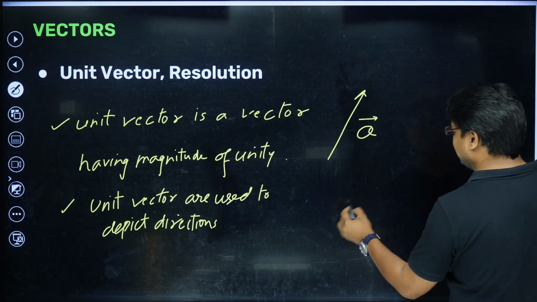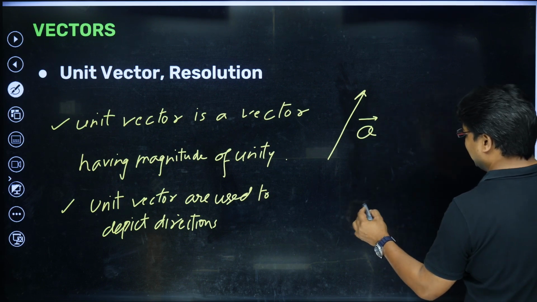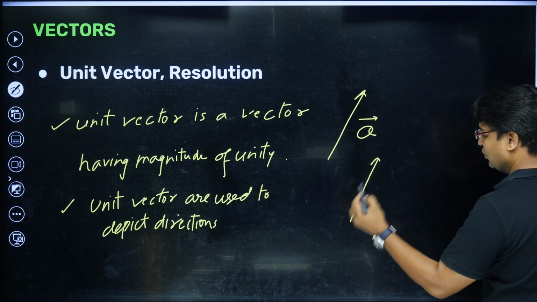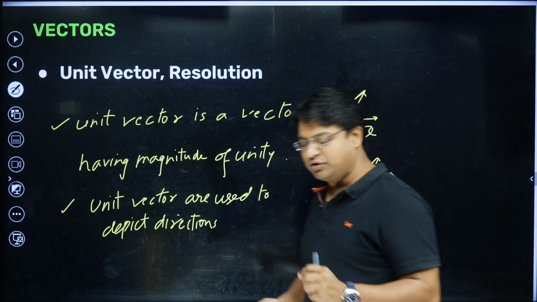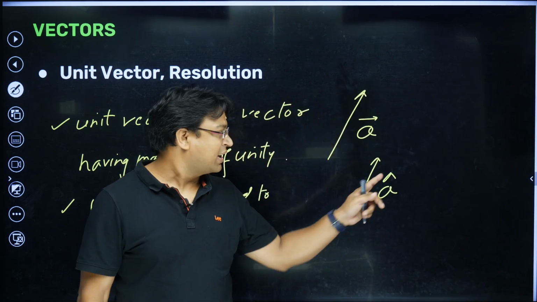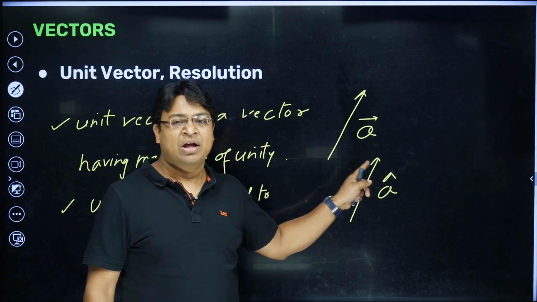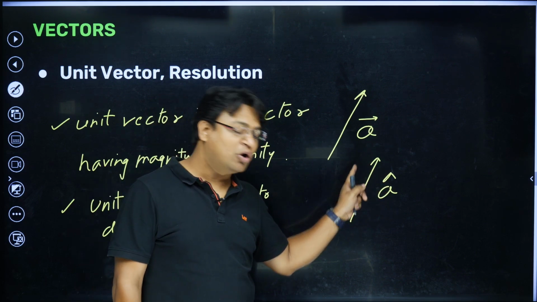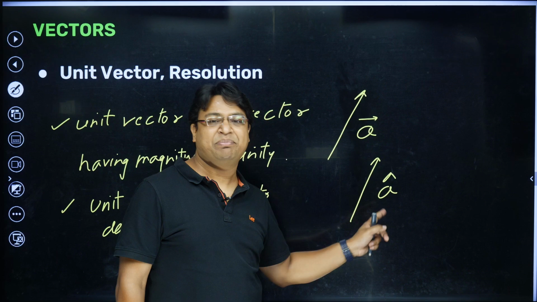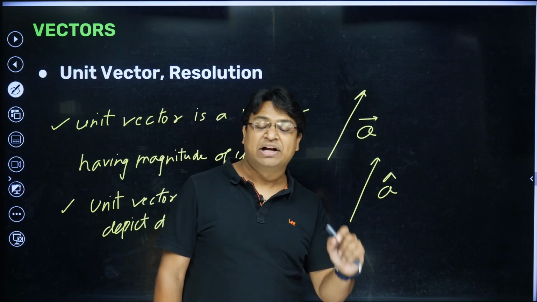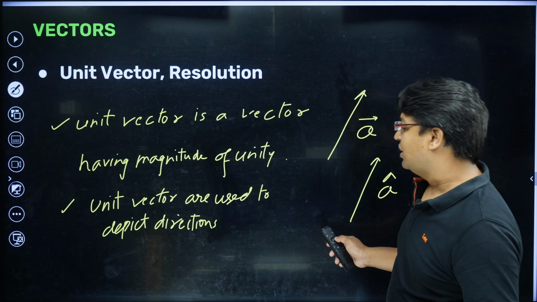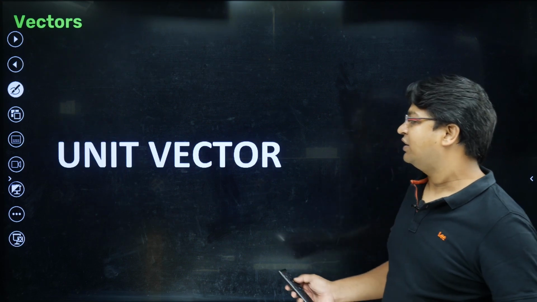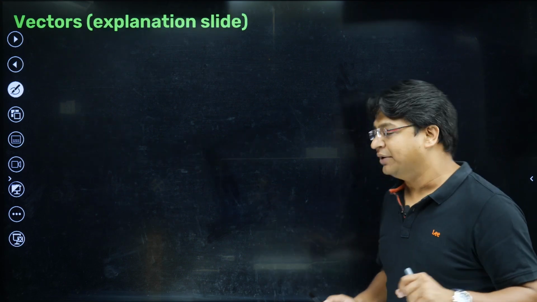But in case of a unit vector, the norm is to put a cap over the symbol instead of an arrow. A cap over the symbol tells us that A not only represents a vector, it actually represents a unit vector. So a unit vector is a vector having magnitude 1.